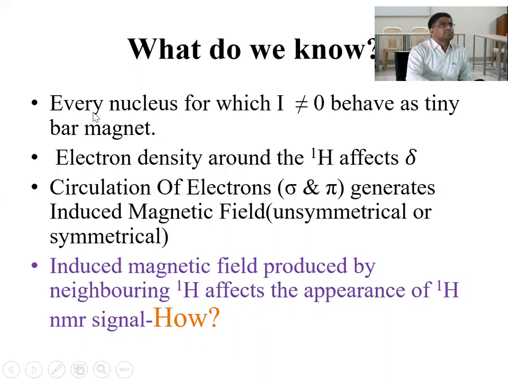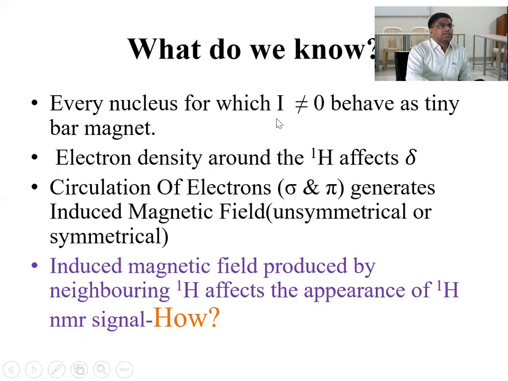Number one, every nucleus for which spin quantum number I is not equal to 0, it means a magnetic nucleus, behaves as a tiny bar magnet. This point is clear. We have already discussed and very well know about it.